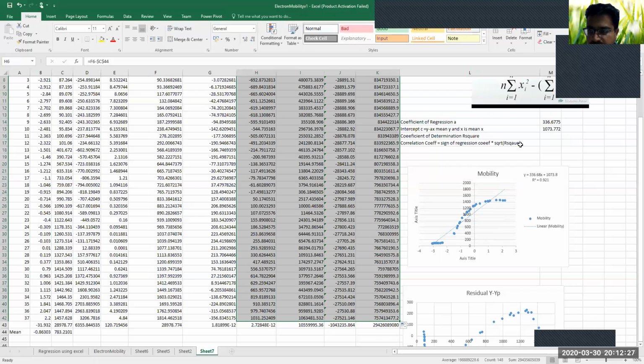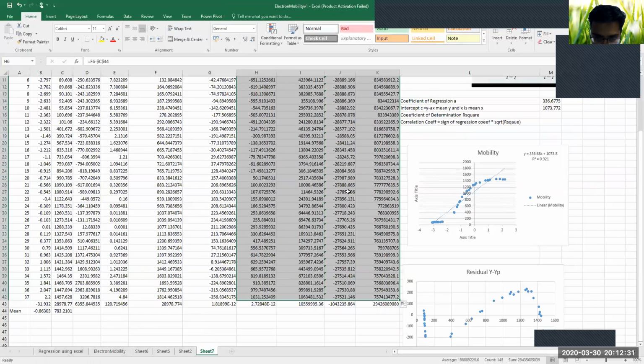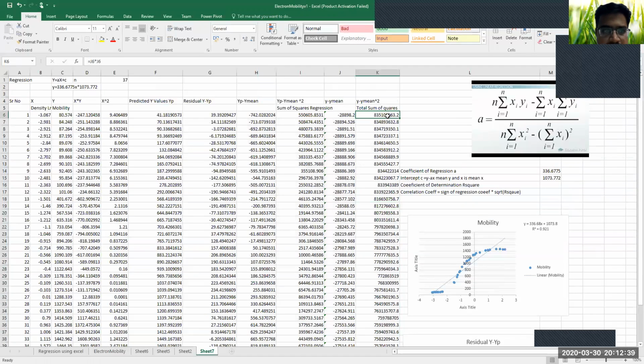To calculate coefficient of regression, we have to take square of the two values. Y minus y mean.